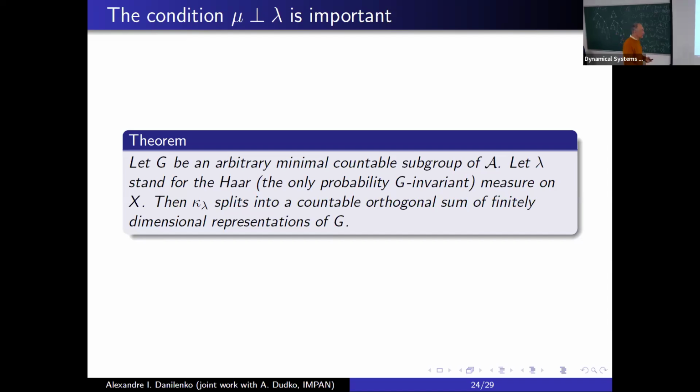So we can extend the Koopman representation of G to the Koopman representation of this group. But this group is compact, and hence, by the Peter-Weyl theorem, every representation can be decomposed into an orthogonal sum of finite dimensional ones. So we have a contradiction. I mean, it's impossible to get an irreducible representation if we consider the Haar measure.